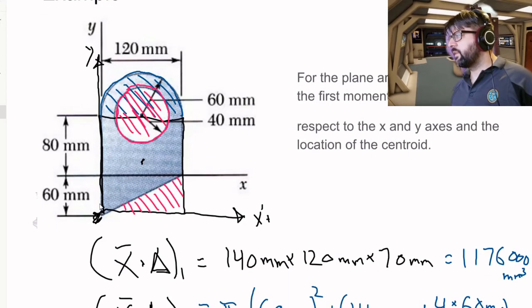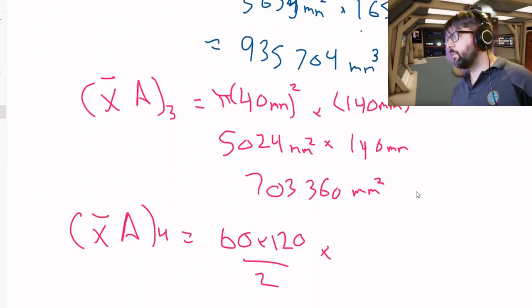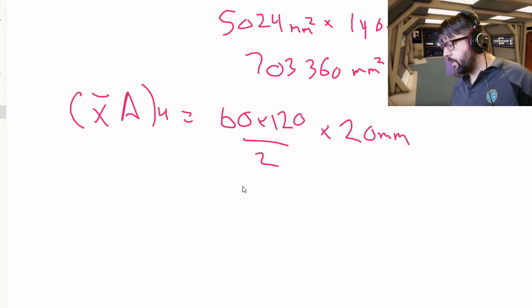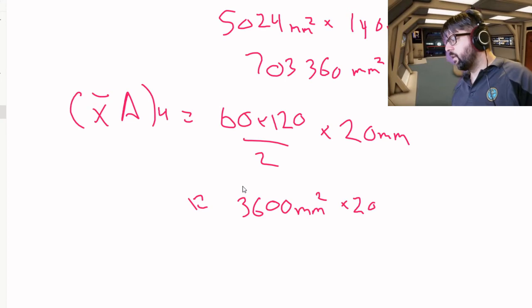And then the X bar location of that is 1/3. We're starting from the fat end, going to the pointy tip, so that's 1/3 of the height, which is 20 millimeters. So 60 times 120 divided by 2 is 3,600 millimeters squared, times 20 gives us 72,000 millimeters cubed.